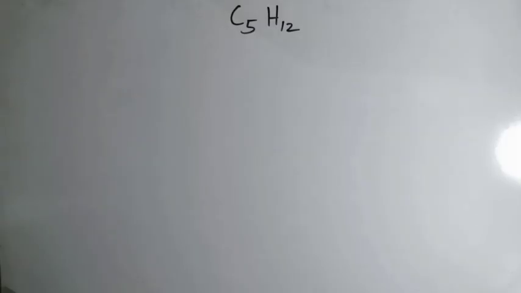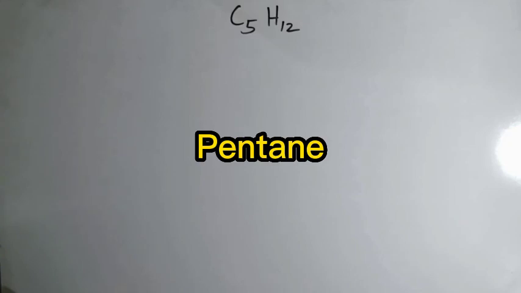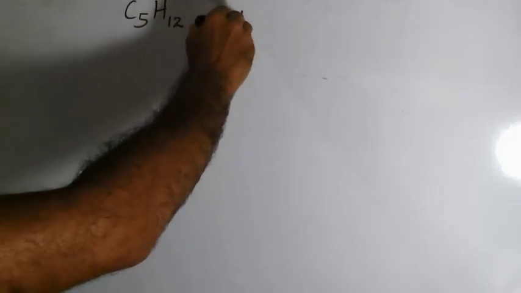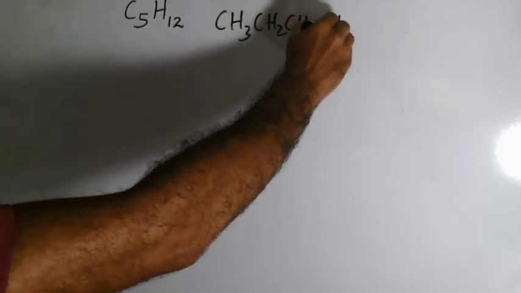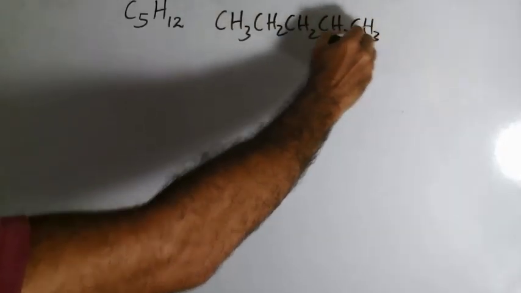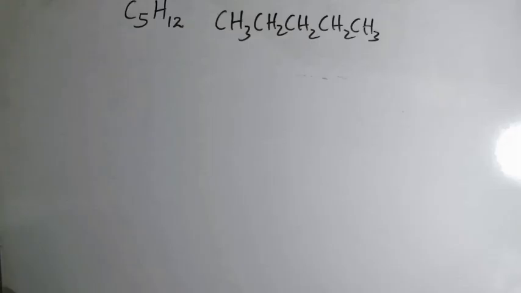Now let us move on to pentane, the next member of the simple hydrocarbon series. Pentane has 5 carbons and 12 hydrogens. So here again we will do the thing we did earlier.